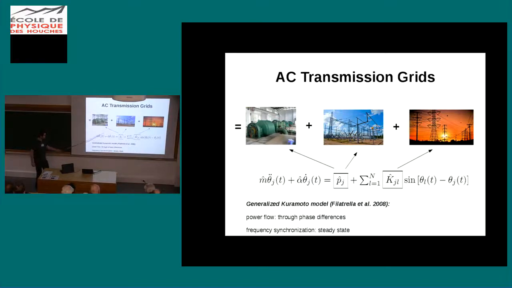And on the right-hand side, you have the injected or drawn power from the system and the coupling of the oscillators. So imagine, ignore this term here and the coupling term. What happens? Each oscillator will spin with a frequency that is given by the power drawn or injected.